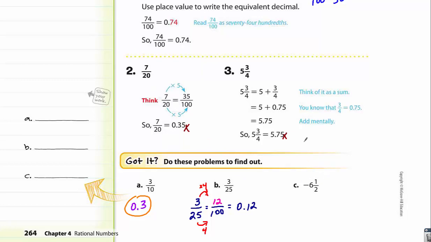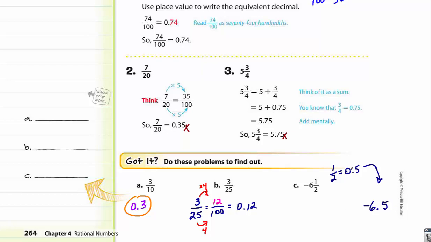And then -6.5. Well, we can start our answer. It's going to have a -6 and a decimal point because the 6 wholes don't change. The half is equal to the decimal 0.5. So we bring that down and combine, and we get 6.5.